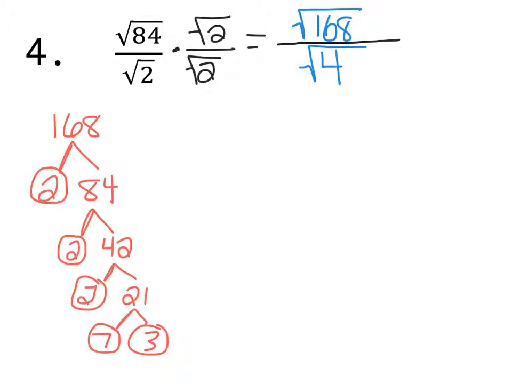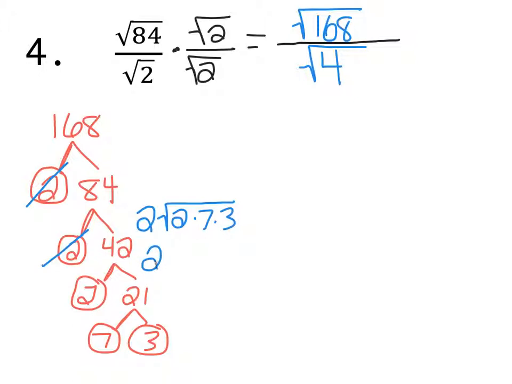Now we've got to find our pairs. So what do we have a pair of? We have one pair of 2's, so I'm going to write 2 on the outside once and cross out only one pair of 2's. Do I have any other pairs? No. So everything else is going to go inside. So we have 2, 7, and 3.